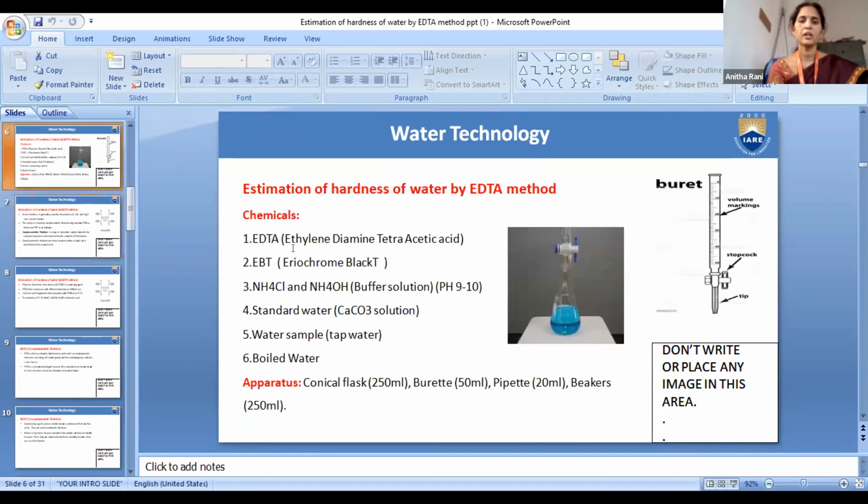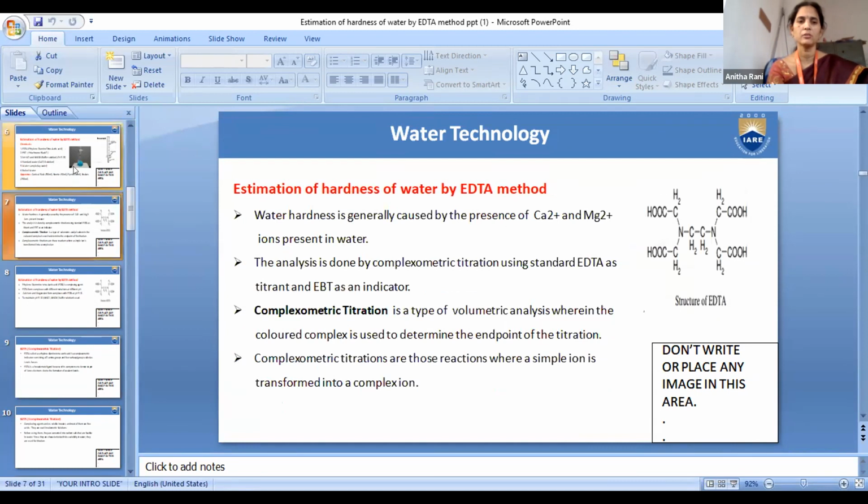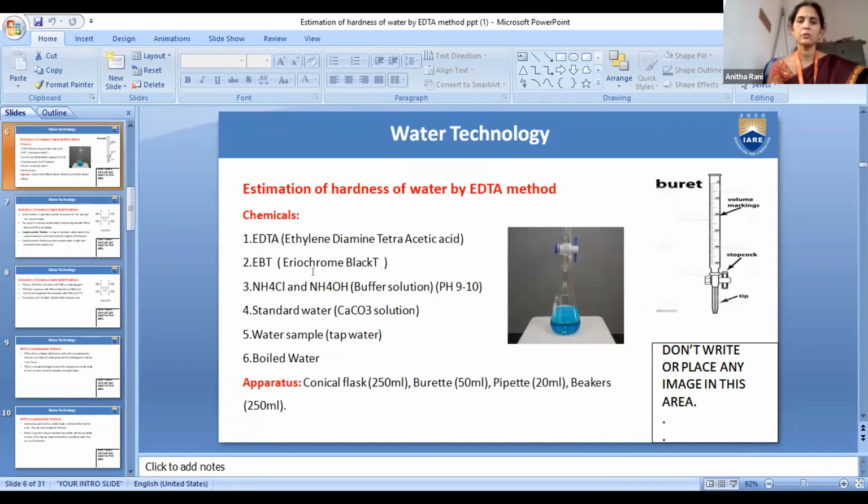So we require the chemical EDTA, ethylene diamine tetraacetic acid, and you know the structure also. And we use the Eriochrome Black T indicator.